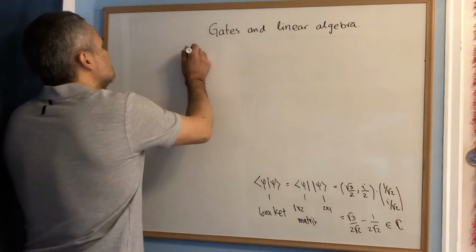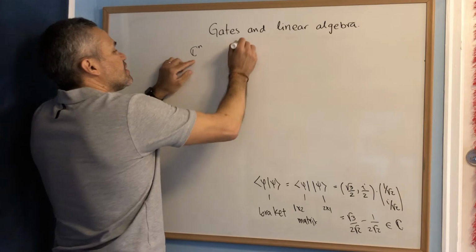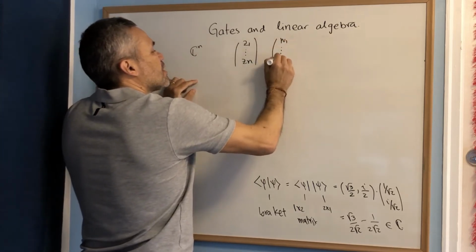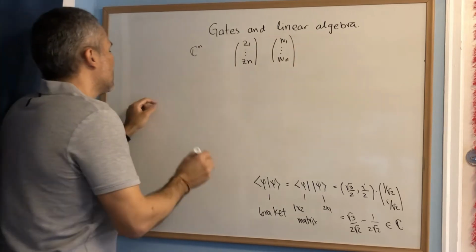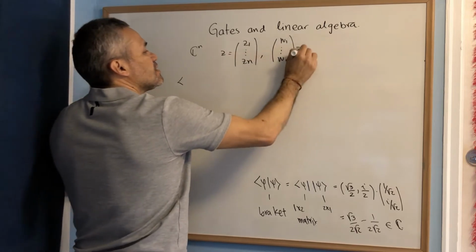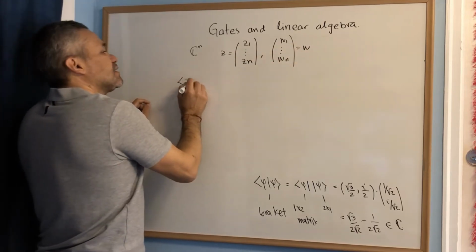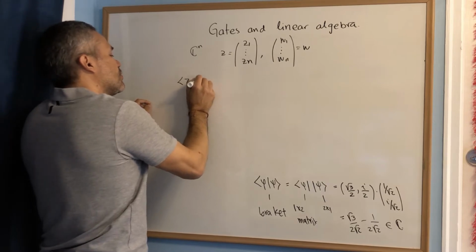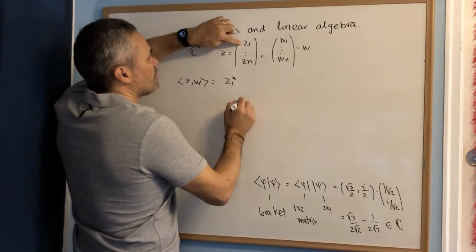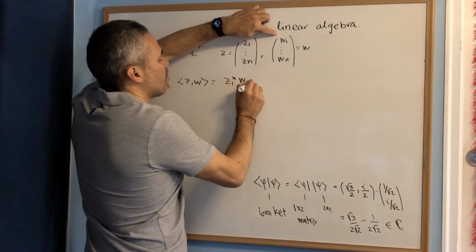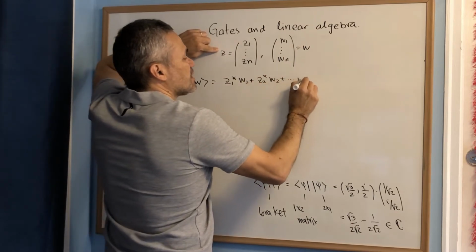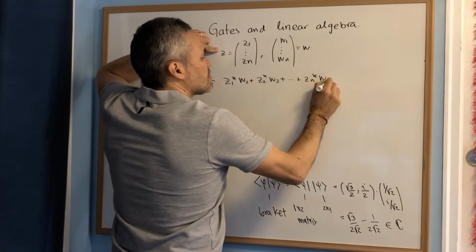If we have a collection of vectors, let's say C1 through Cn, and W1 through Wn, then the Hermitian inner product between C and W is going to be C1 conjugate times W1, plus C2 conjugate times W2, plus Cn conjugate times Wn.